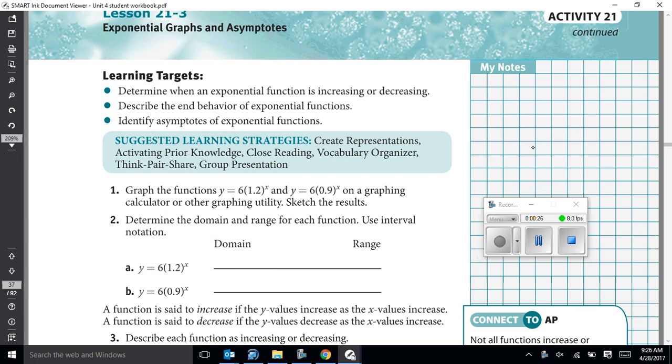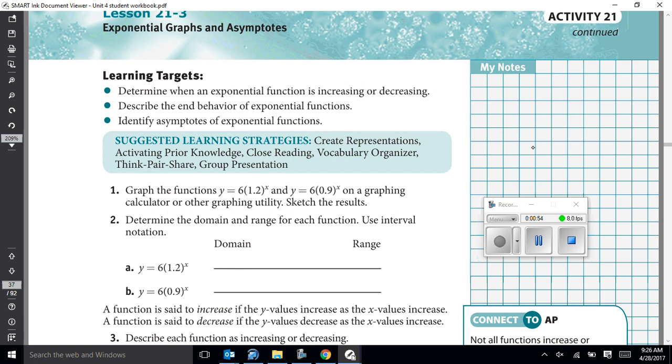So looking at the first two, to determine when an exponential function is increasing or decreasing, on any graph, we always read from left to right, correct? Just like English, left to right. So if it's increasing, as it's heading right, which way is it going? It can move up or down.